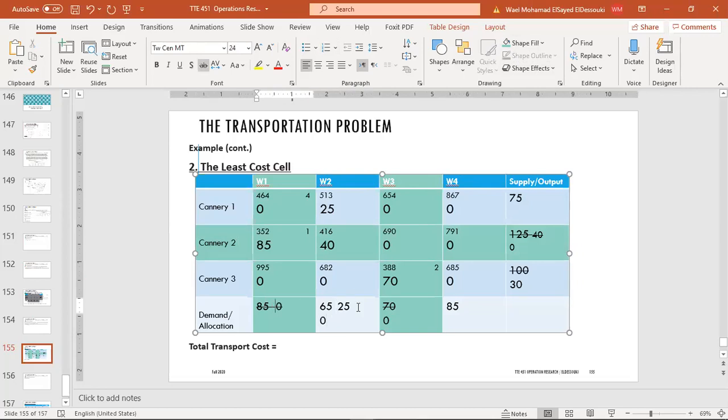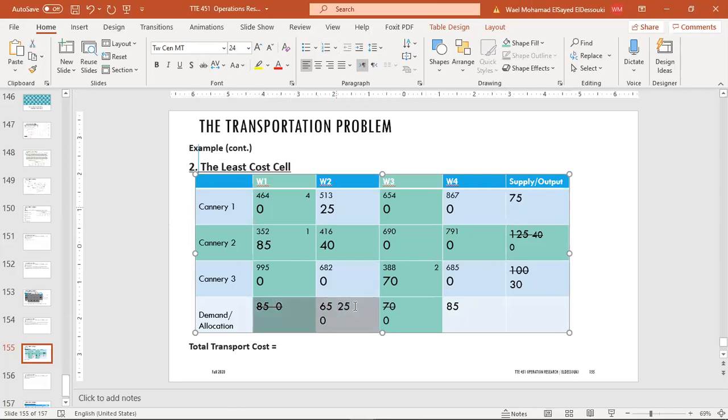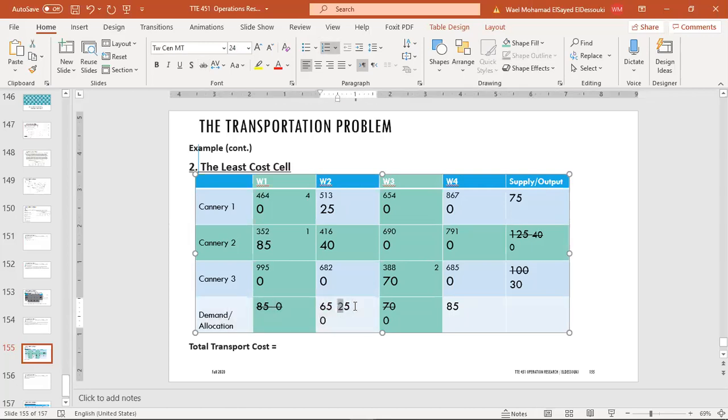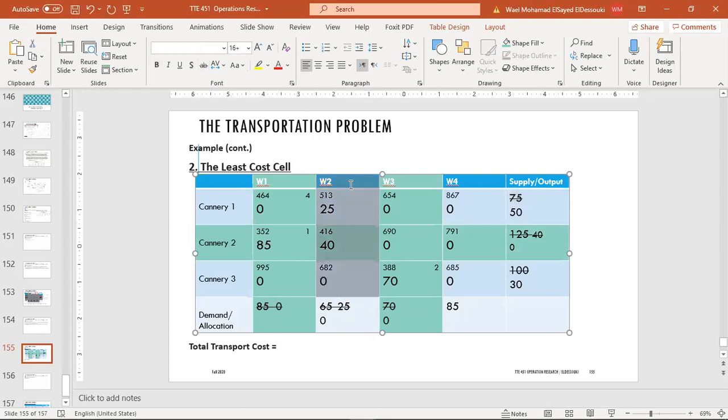And this one becomes 50. And this one is out of the loop. Okay, here, where is the cell with the least cost?